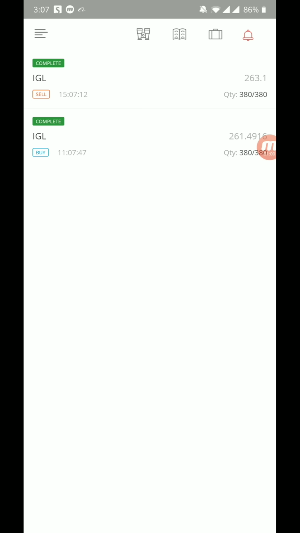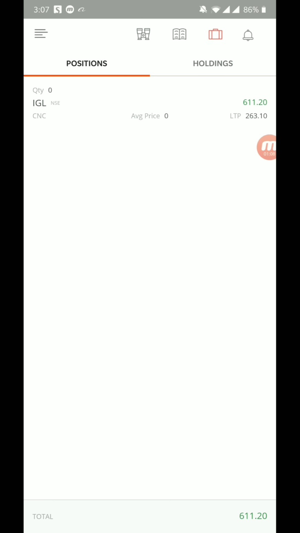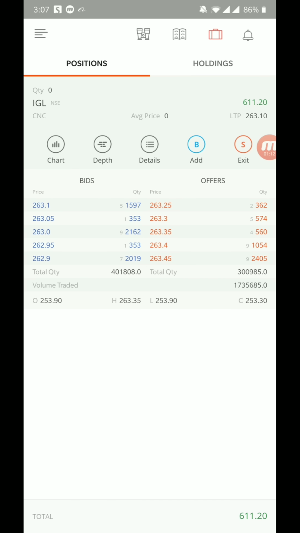So we bought it at 261.50 and we sold it at 263.10. So it's more than 0.5%. So it's almost 0.6% of the stock. For 1 lakh rupees we made a profit of 600 rupees, in which some 10-15 rupees will go for brokerage only, because we have not used margin. Remember that, okay?